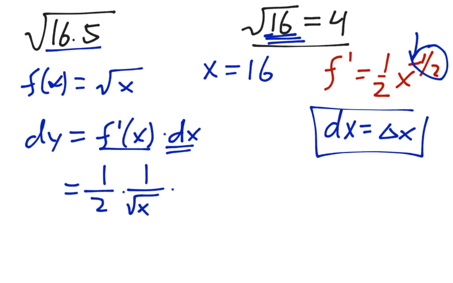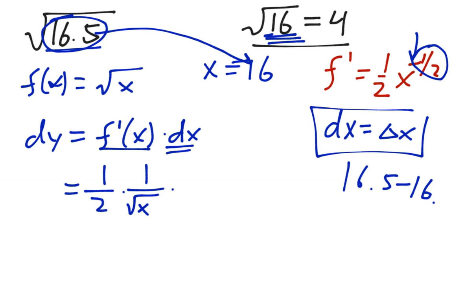Well, the delta x is going to be the change in the x value that we want compared to the x value that we have. That change is 16.5 minus 16, otherwise known as 0.5. And I'm going to write that as 1/2. It'll make my math easier. And basically we're almost done.